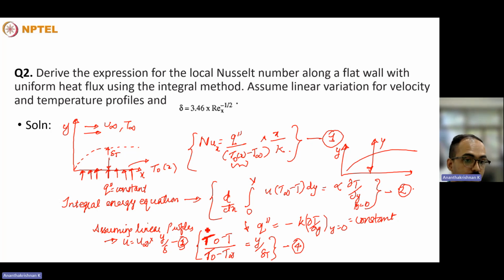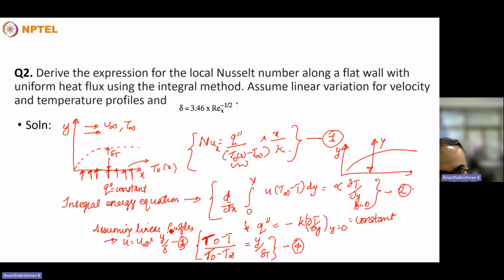Two separate cases are there for the energy analysis. One is where the thermal boundary layer thickness is very much bigger than the hydrodynamic boundary layer thickness. The second case is where the thermal boundary layer thickness is very much less than the hydrodynamic boundary layer thickness.